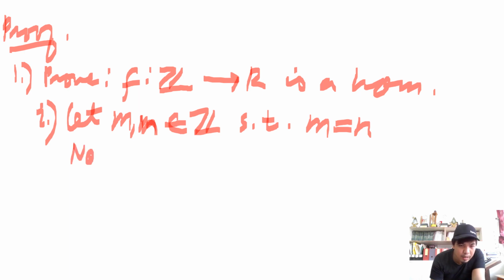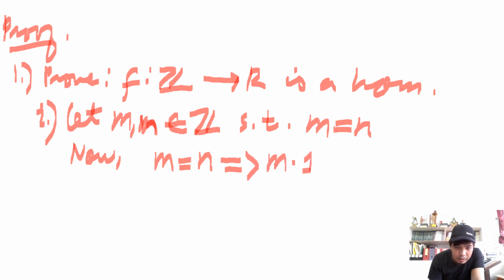Notice that if m is equal to n, then we have m times the identity element 1 sub r equal to n times the identity 1 sub r.